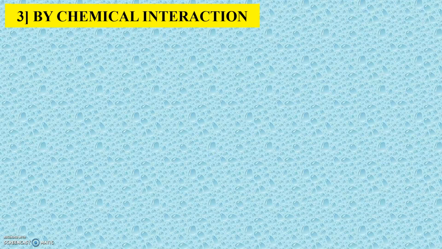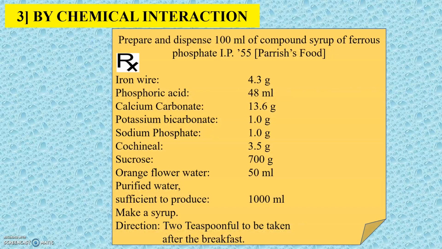So the next method is the chemical interaction method. We have to prepare the syrup. So this is the prescription. We have to prepare the compound syrup of ferrous phosphate, also called Parrish's food, which contains the following ingredients: iron wire, phosphoric acid, calcium carbonate, potassium bicarbonate, sodium phosphate, cochineal, sucrose, orange flower water and purified water.